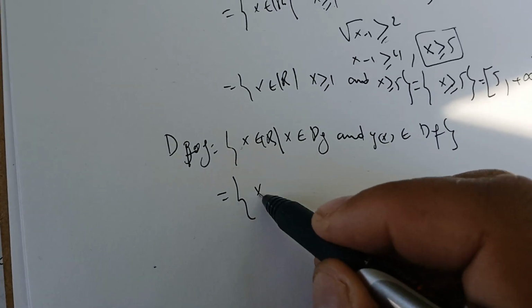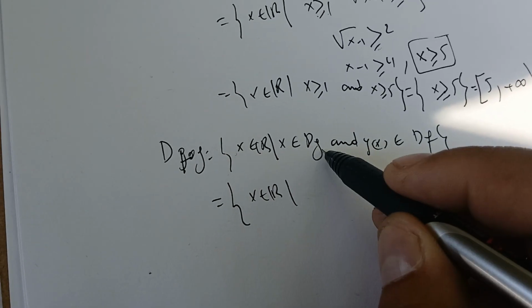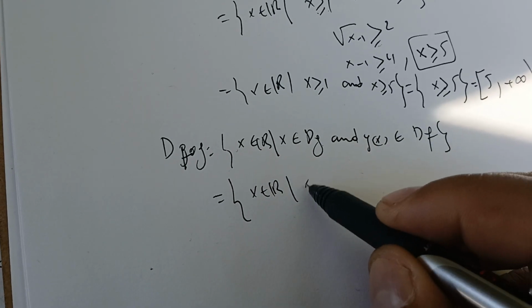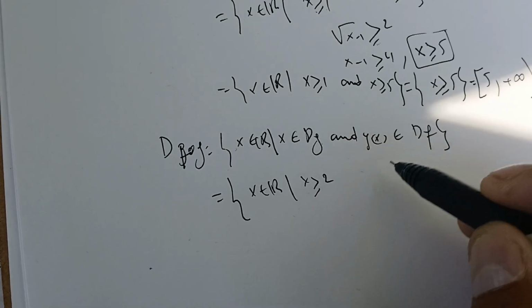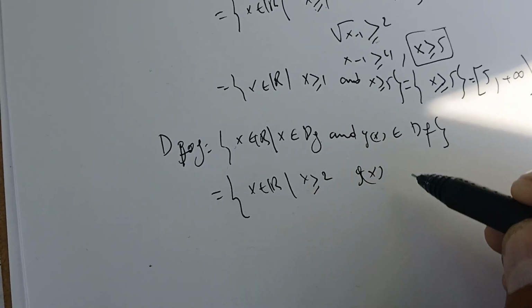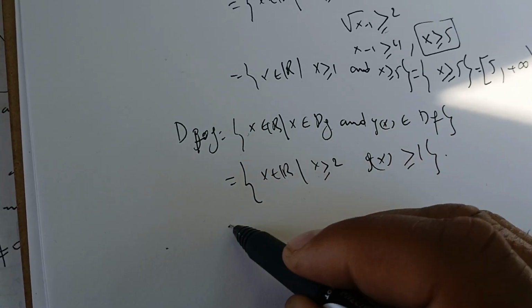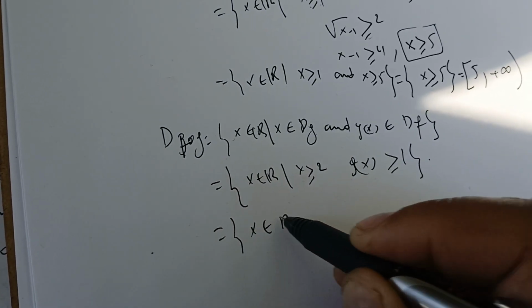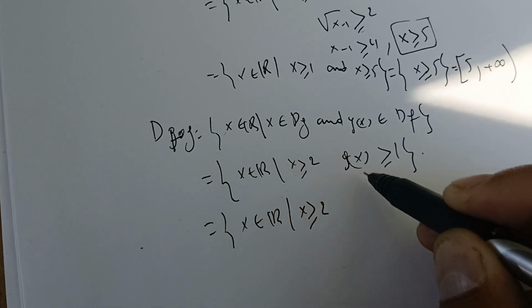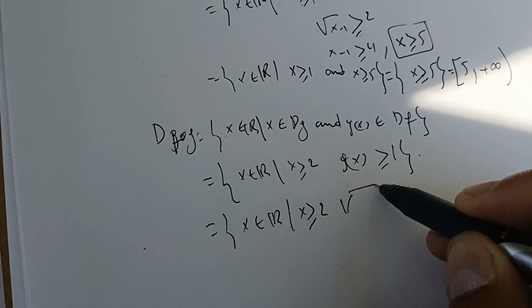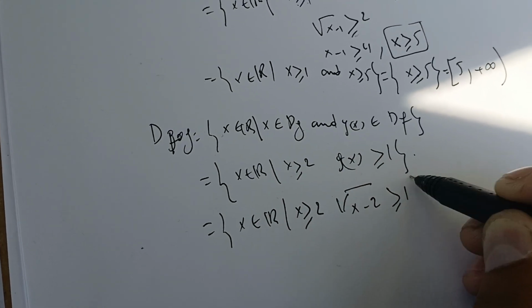This gives us that x is in R. x in the domain of g means that x is bigger than 2, and g of x in the domain of f means that g of x is bigger than 1. So we get x in R such that x is bigger than 2, and g of x, the square root of x minus 2, is bigger than 1.